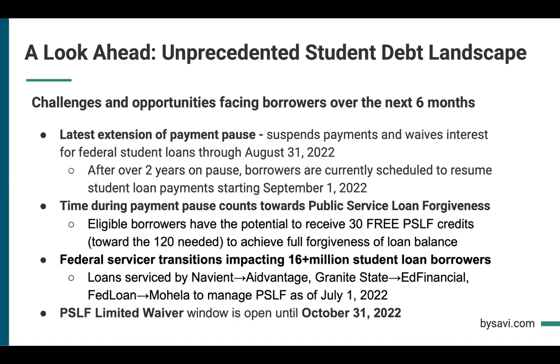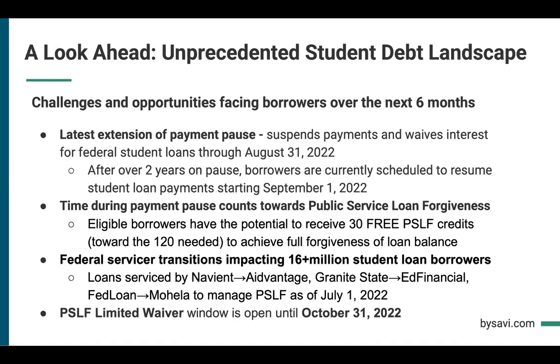All right, last but not least, and we're going to talk in more detail about this in a second, I wanted to mention the PSLF limited waiver. So back in October of last year, October 2021, the Department of Education came out with a big announcement around the Public Service Loan Forgiveness Program. They essentially called it the PSLF limited waiver.